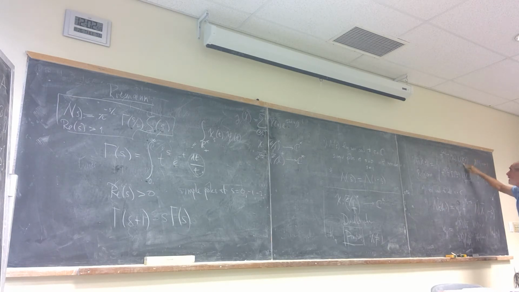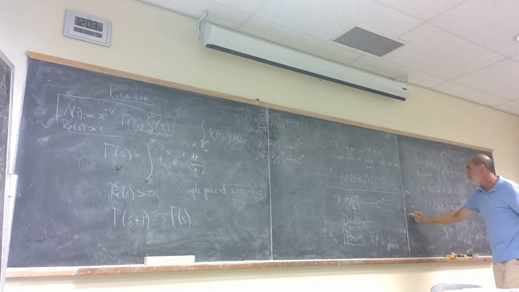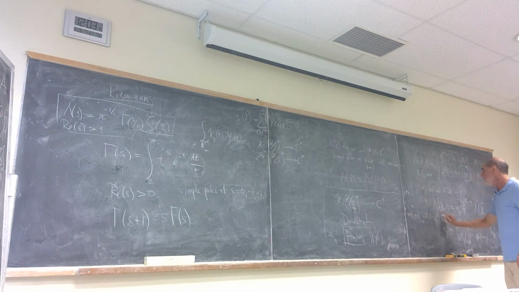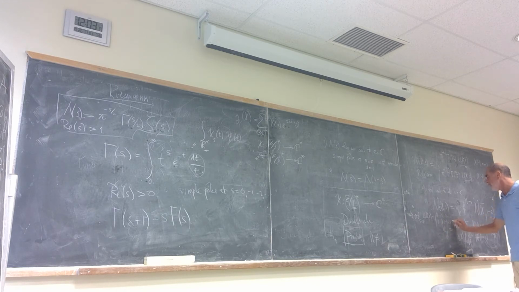If this has a pole, that means this has a zero, a simple zero. So this implies that the order at s equals 0 of L chi s is equal to 0 if chi of minus 1 is minus 1, and 1 if chi of minus 1 is plus 1.